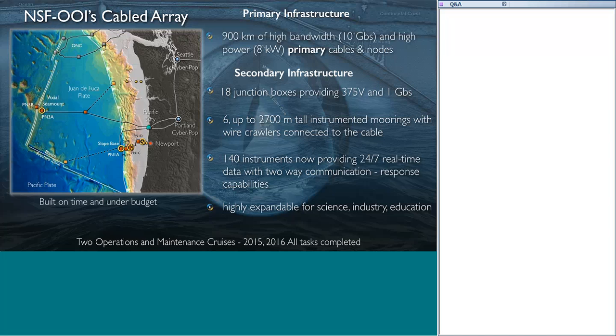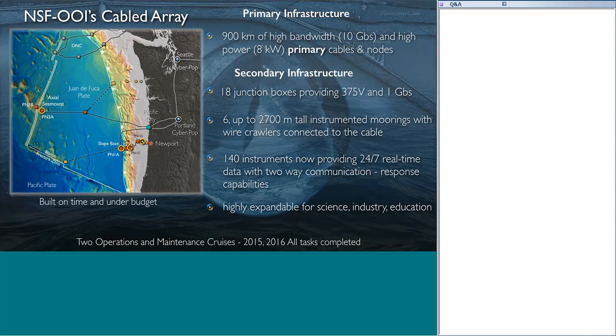The secondary infrastructure was all built and installed by the UW, specifically built by the Applied Physics Lab. We have 18 junction boxes, and I'll show you that in more detail. So the primary nodes are those red, orange boxes, and then to get to the main key sites, we have a series of smaller, you can think of them as substations on the seafloor.